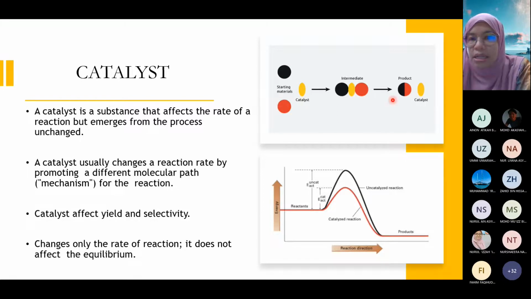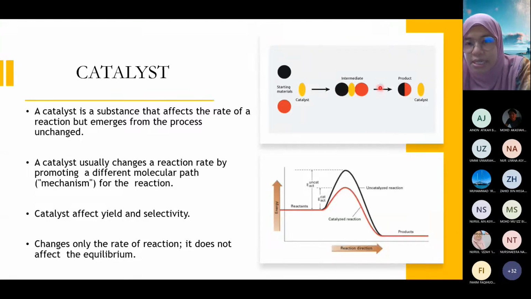So how the catalyst is involved in the reaction is that the reactants are absorbed on the active surface of the catalyst. So if you look at this figure, this is how they absorb on the catalyst. So after the reactants absorb on the active site of the catalyst, or the surface of the catalyst, they will form an intermediate product.